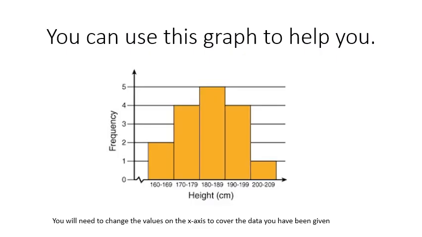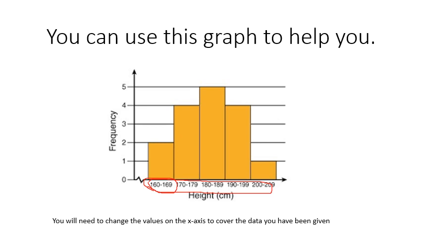So this graph helps you see what sort of graph you should draw using that data. Now, obviously, you're going to need to change the values here, because the table that I've given you has different ranges. So, for example, that isn't the smallest range in your data table.